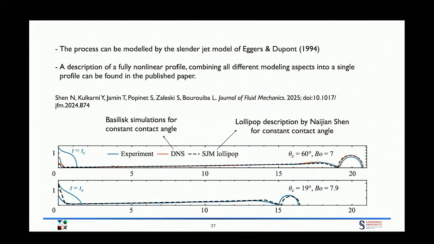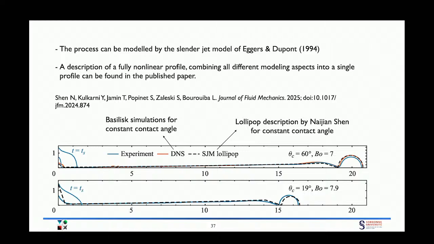Now all this work is published in this paper, and what you can find is that this process of atomizing of this tip drop can be modeled nicely by the slender jet model of Eggers and Dupont, and a full description can be found in this paper.